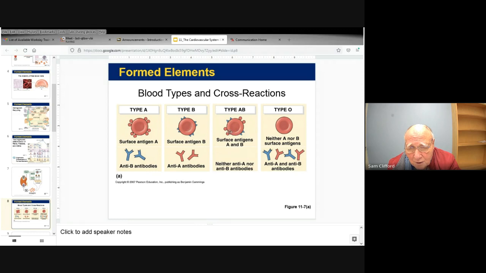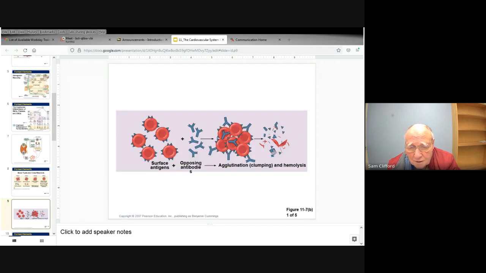Type AB blood has both A and B, so you don't want any anti-A or anti-B, and type O doesn't have any antigen, so it's the universal donor. So what happens when you have, say, antigen A and anti-A?